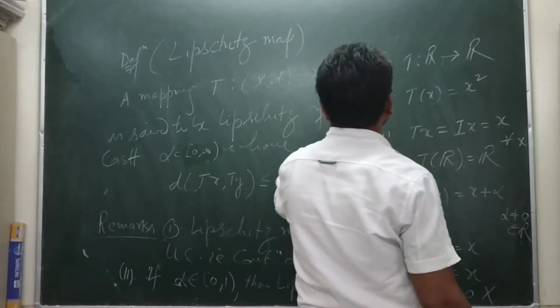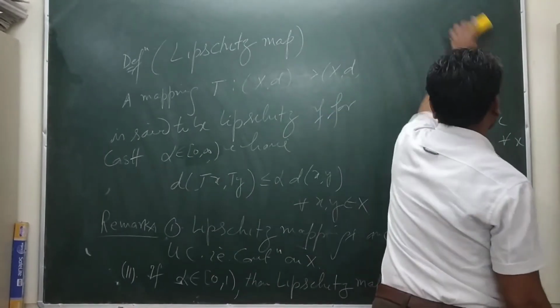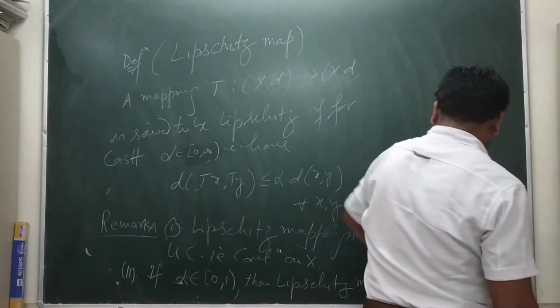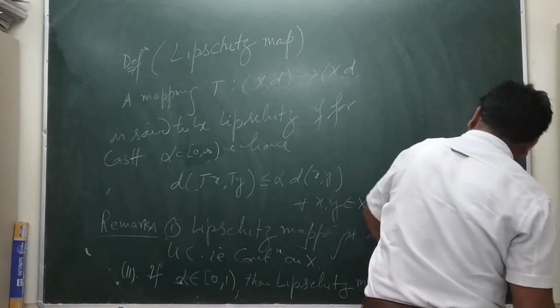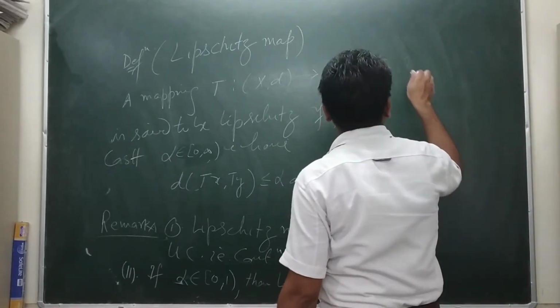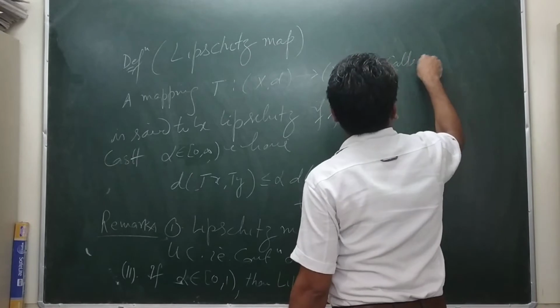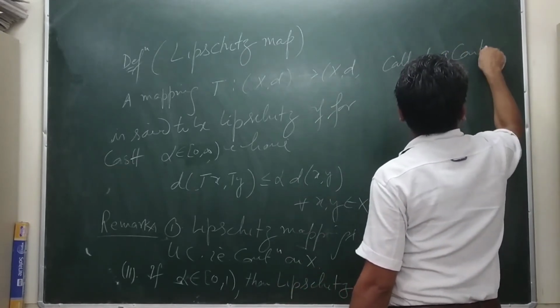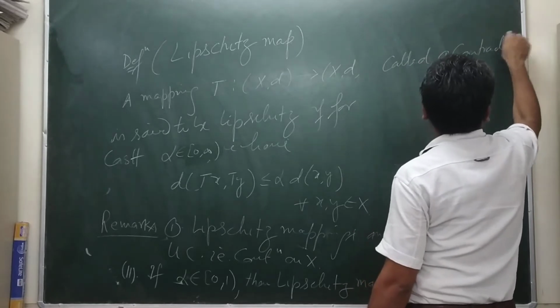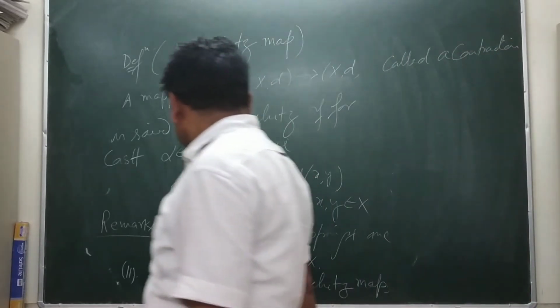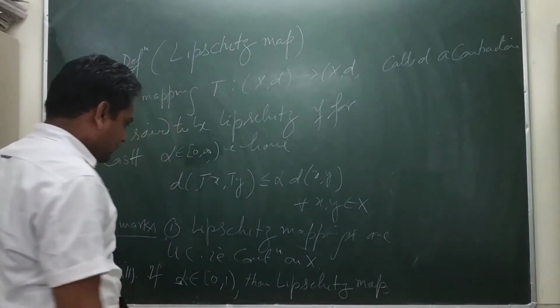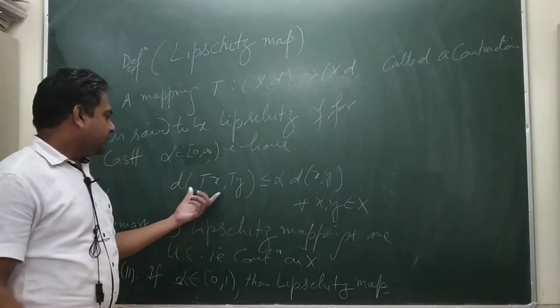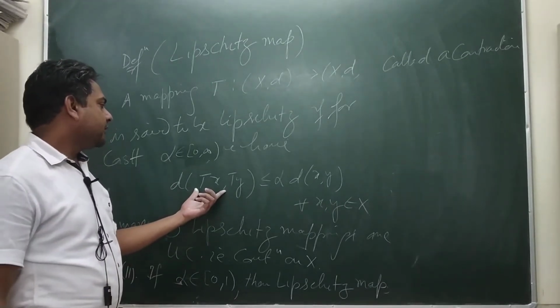Then Lipschitz map for a contraction map means that the ratio is always less than or equal to 1.